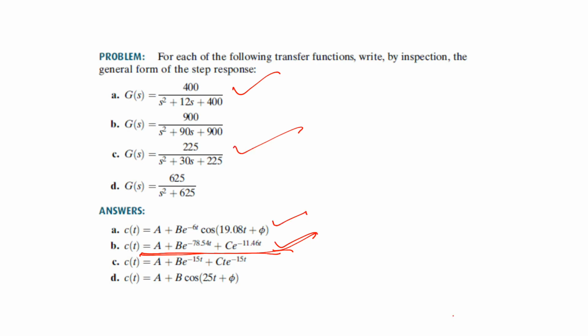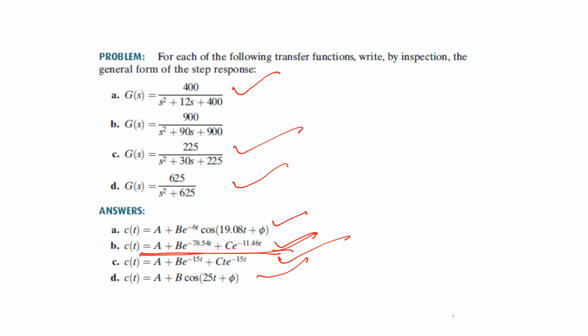So it is a critically damped case, and the solution would be like that. And the last one had two imaginary poles, so it is the undamped case, and it can be written like that.